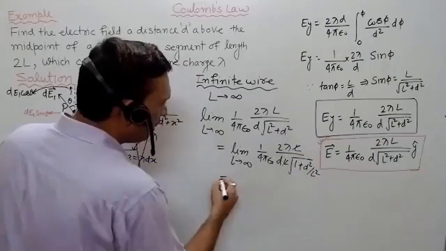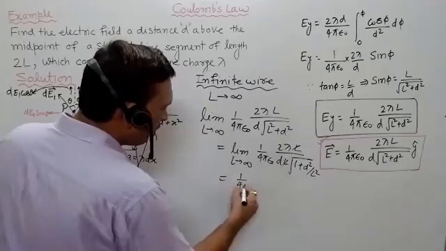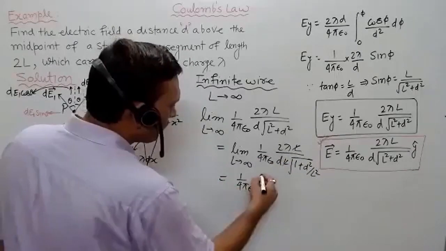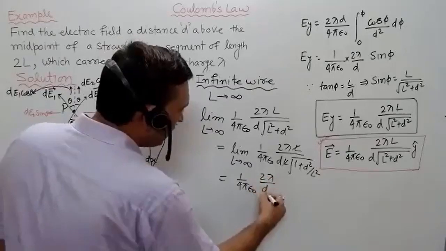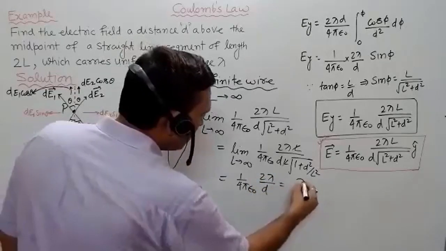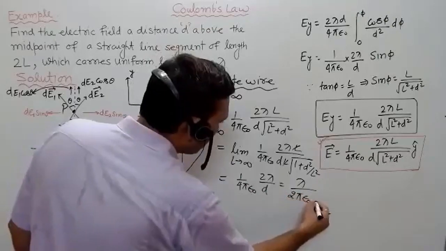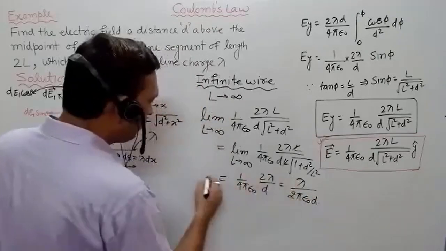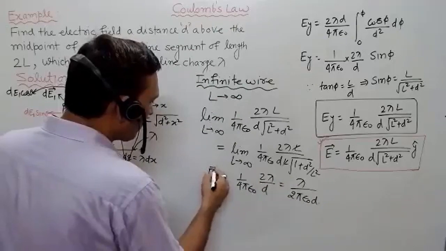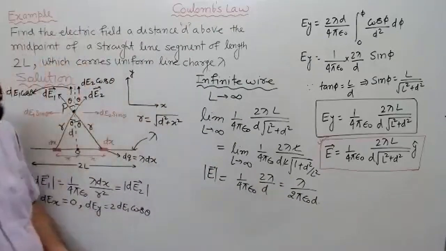So the final result will be 1 by 4 pi epsilon naught twice lambda by D, or that is lambda by 2 pi epsilon naught D. This is the electric field due to an infinite wire.